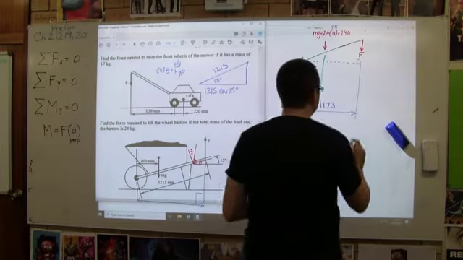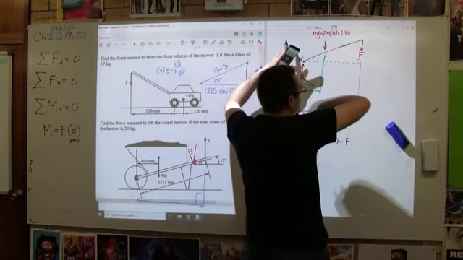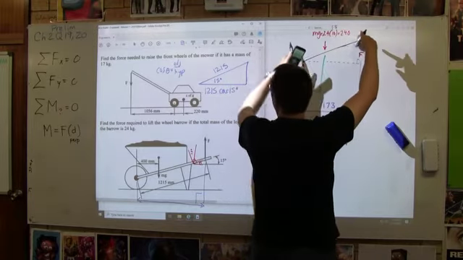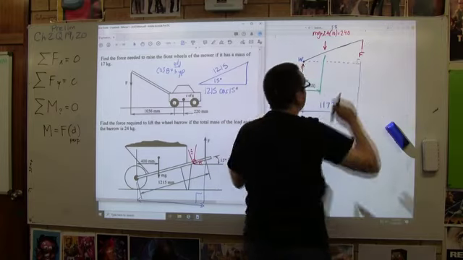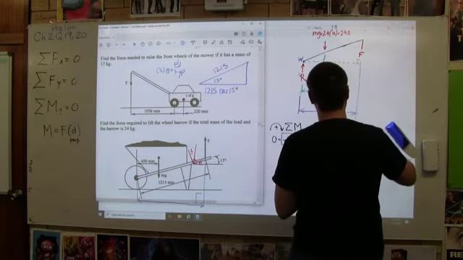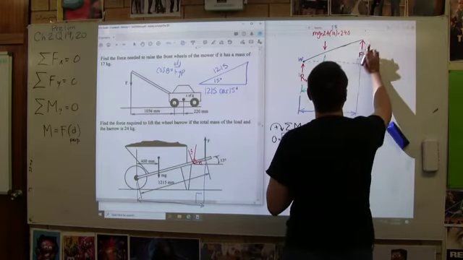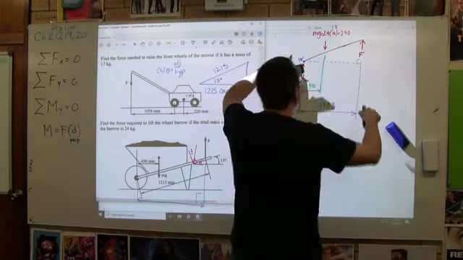So what I can now write is F, and F is still going, wait, F is going up. I drew it the wrong way. Good thing I looked at the drawing. Okay, F is still going anti-clockwise.